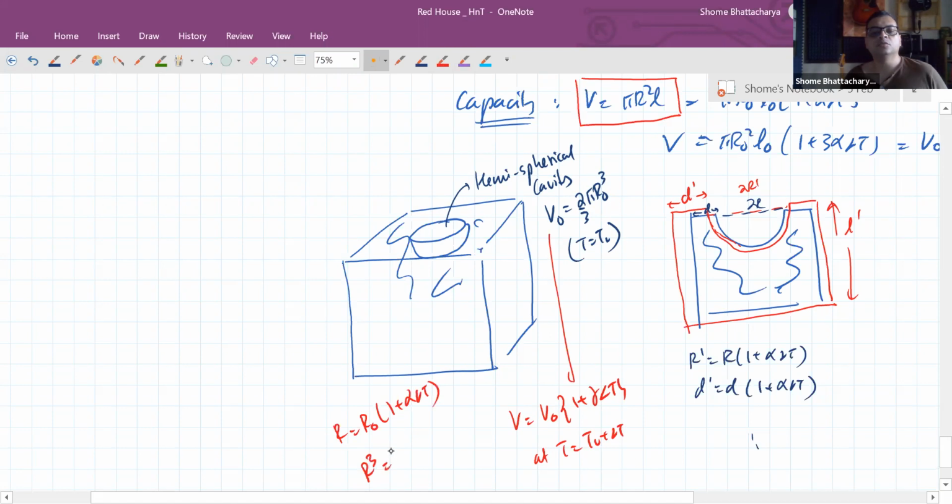So r cube becomes this. So that is nothing but gamma.